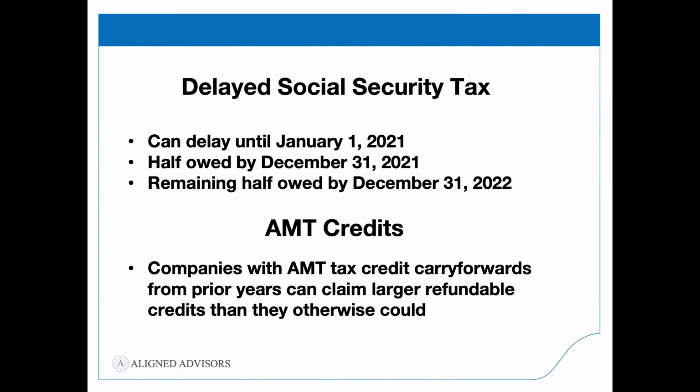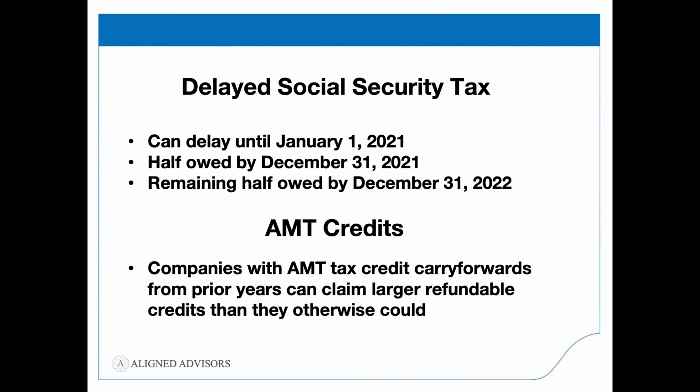It's not forgiven, although that is a discussion that's been on the table in Congress. But under the current law, at least, you'll owe half of that by the end of 2021 and the remainder by the end of 2022. So it's essentially a deferral of the employer portion of the Social Security tax. It's just an option that you have available to free up cash flow.